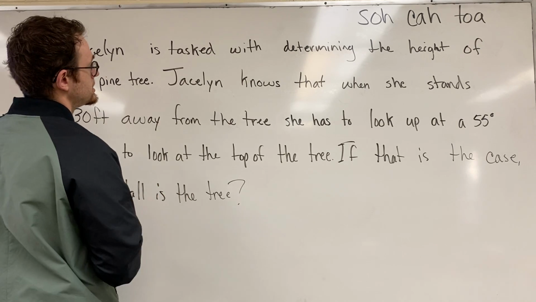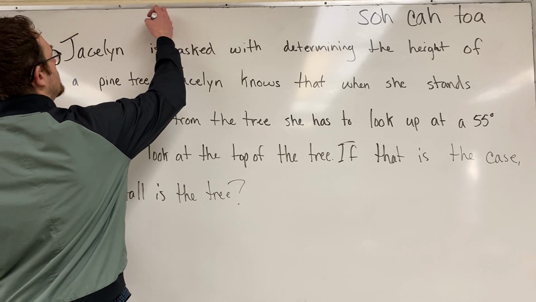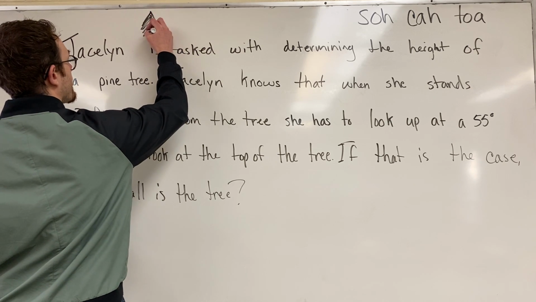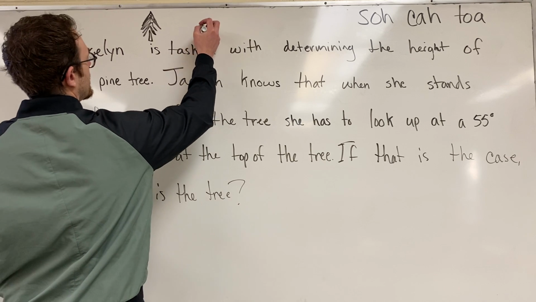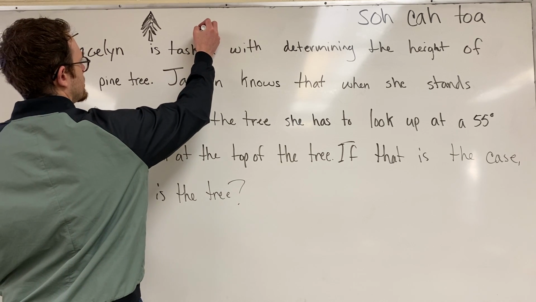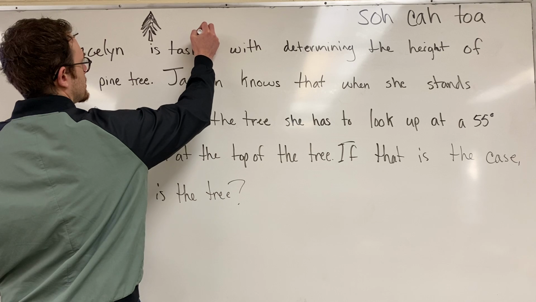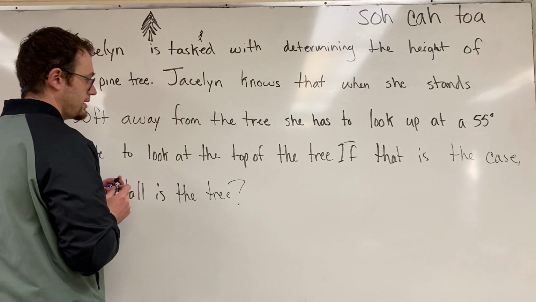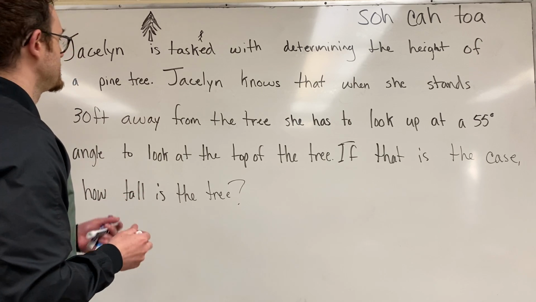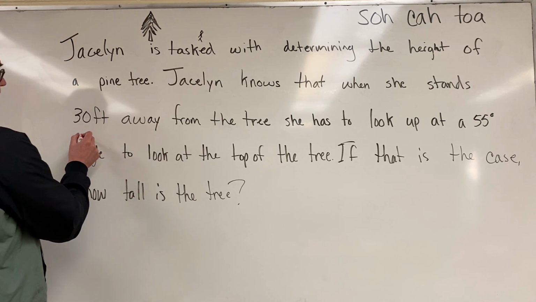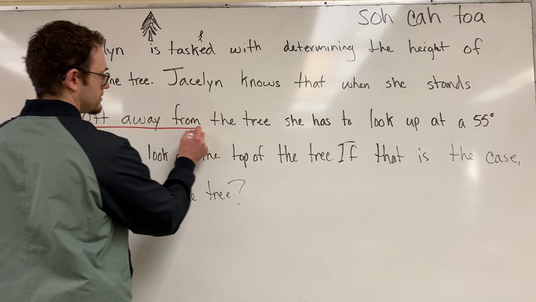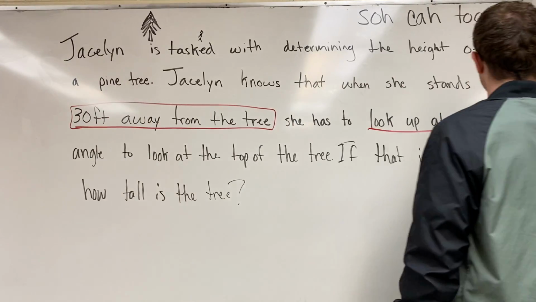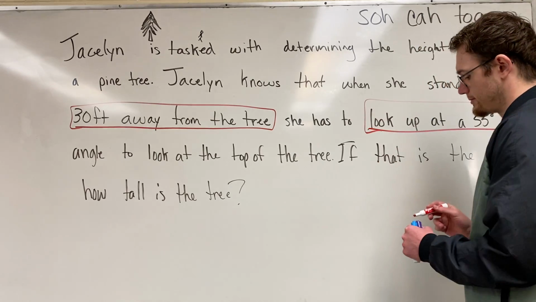We got our pine tree, and then we got Jacelyn over here, and key, highlight the important information: 30 feet away from the tree. Look up at a 55-degree angle.